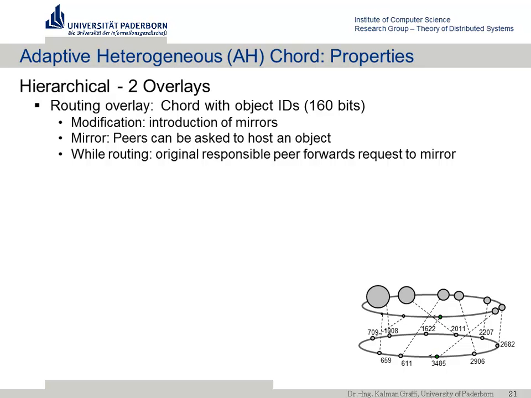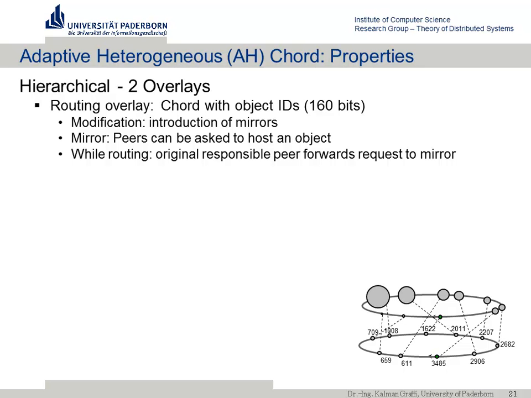It introduced some mirrors so that any peer can be asked to host an object. While routing, the original responsible peer forwards the request to the mirror. Just assume that peer 3485 is responsible for the object ID 3000, and it doesn't want to store it anymore.